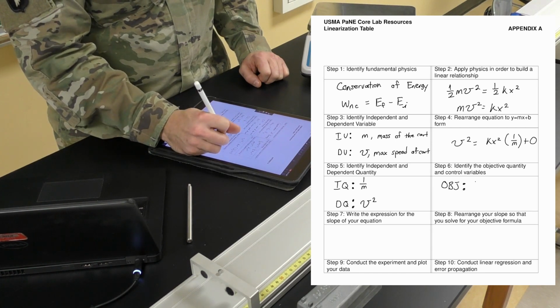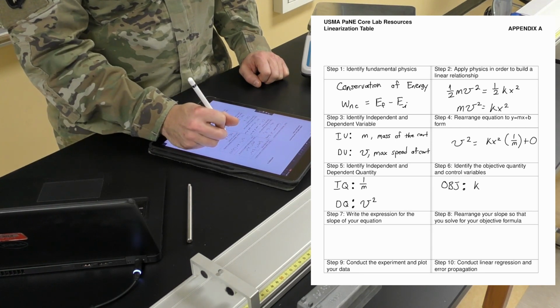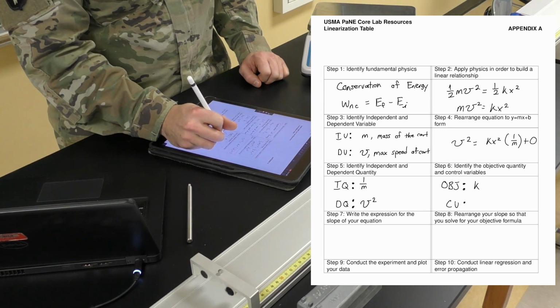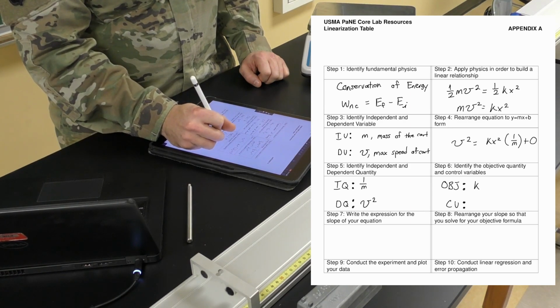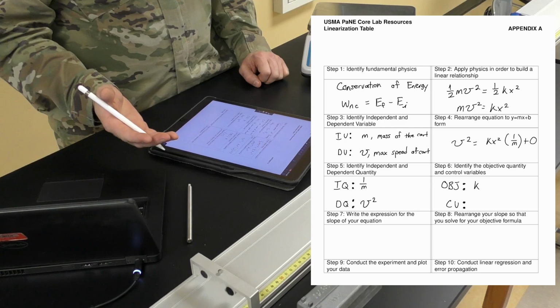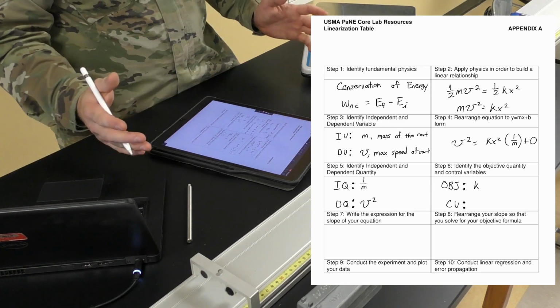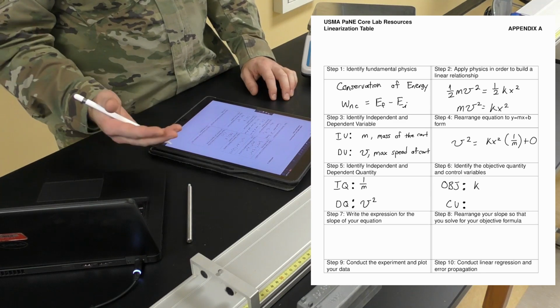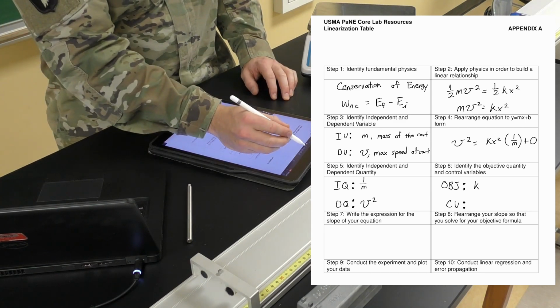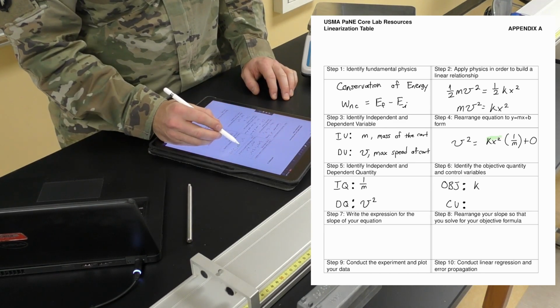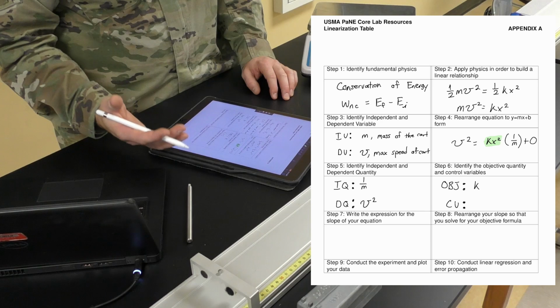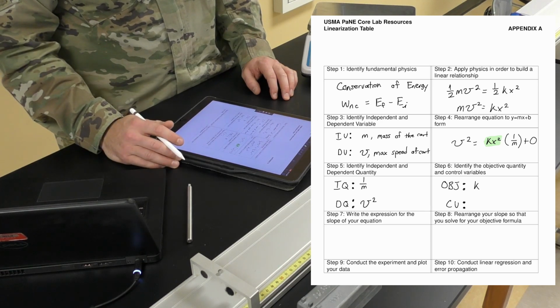is going to be the spring constant, k, and we have a control variable in this experiment. We know we have a control variable because there are things in this experiment that don't change. We measure them once, and we use that measurement throughout the rest of the experiment. Another way to know that we have a control variable is when we look at this portion of my linearized expression, I have additional variables other than the objective.